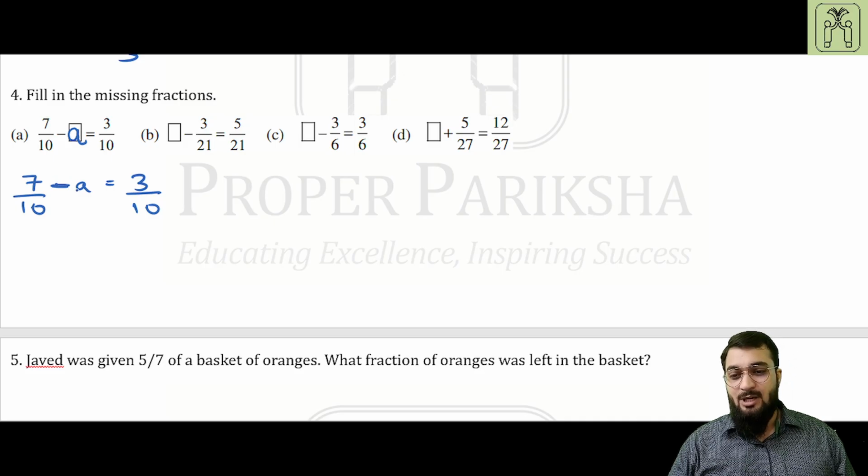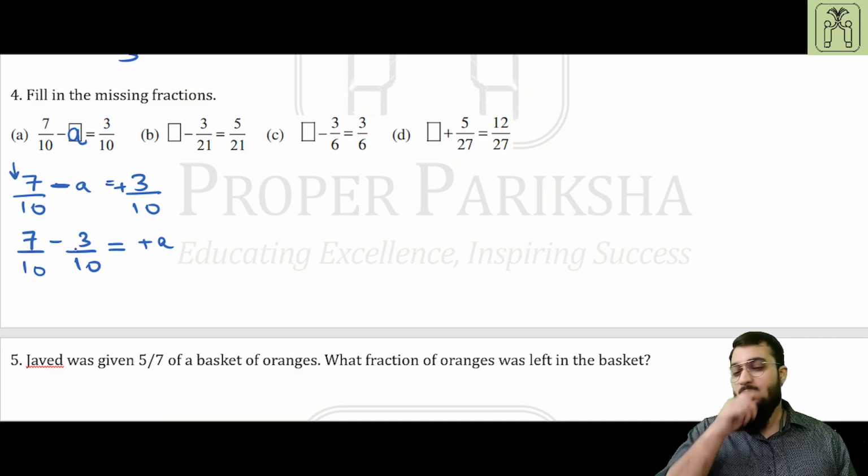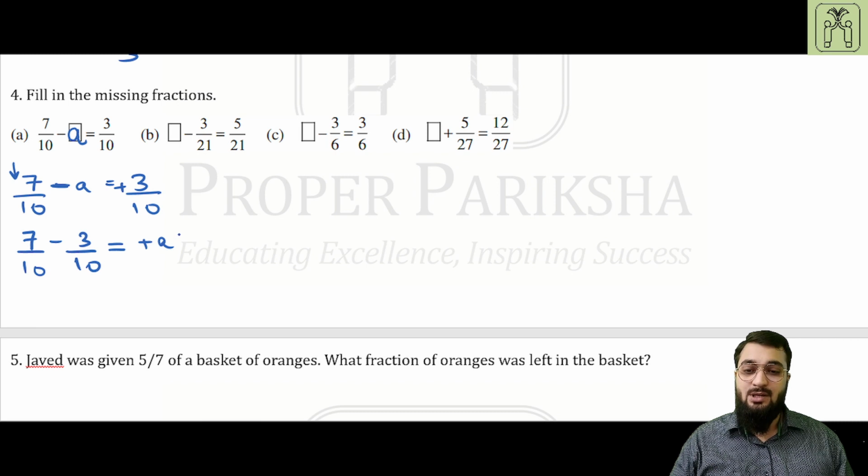So if it is a minus, by going to the right hand side it will become a plus A. And this plus will become 7 upon 10 minus 3 upon 10. 7 upon 10 has not been disturbed, so it will remain as it is. Now the operation can be done. 7 minus 3 is 4, and 4 upon 10 will be the answer. If you simplify it, it will be 2 upon 5. I hope you understand how we did that.